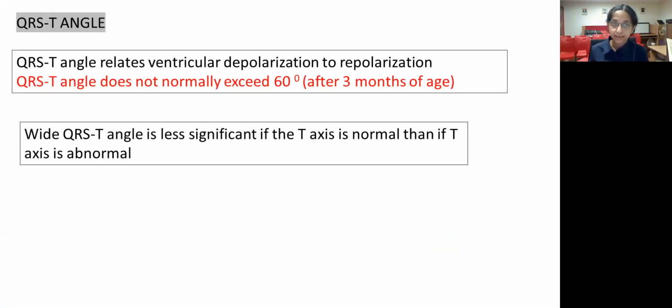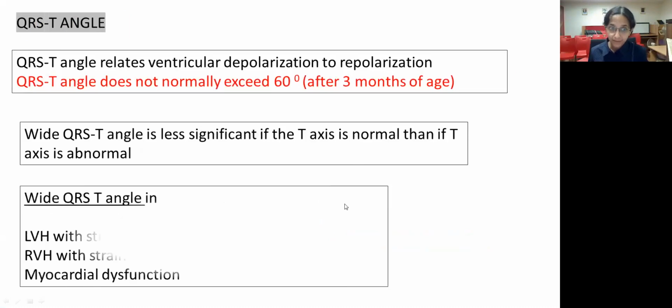But remember that a wide QRST angle is less significant if your T axis is normal. So an abnormal T wave axis with a wide QRST angle is more suggestive of a pathological situation. You can have a wide QRST angle in situations where you have ventricular hypertrophy with strain or in myocardial dysfunction.